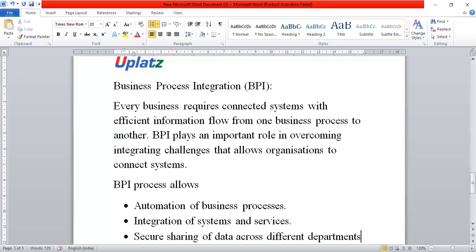Like I told you in the example, if a sales order comes, that information must reach the production department. That's the sharing of data. This sharing of data is also possible only by this business process integration. How is this business process integration obtained? By having ERP solutions, by having SAP solutions, we can have this business process integration. So it has a lot of advantages, three advantages like this.